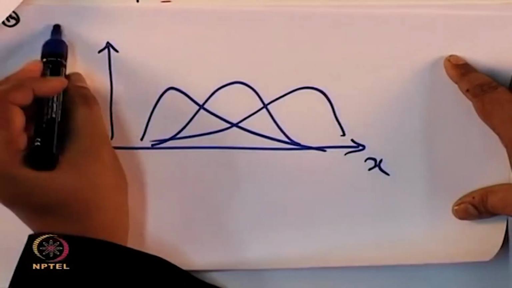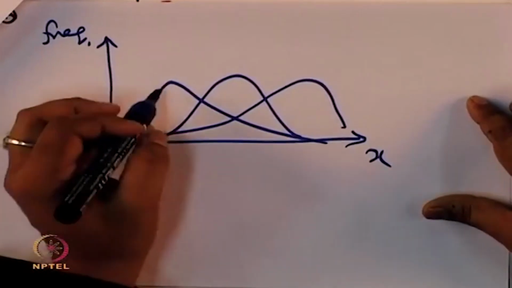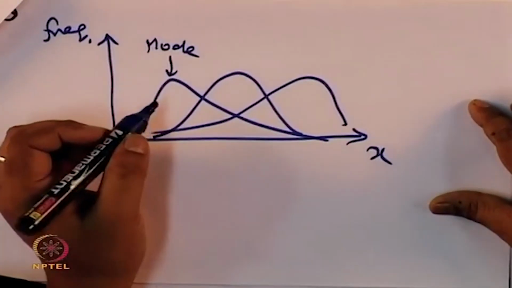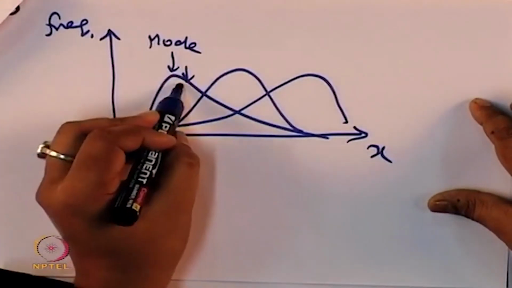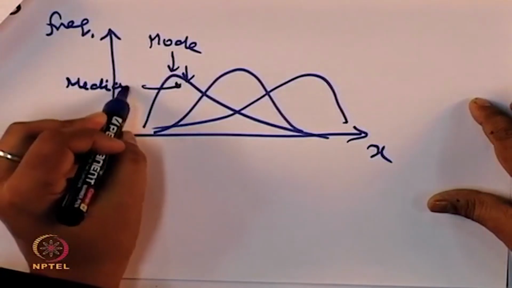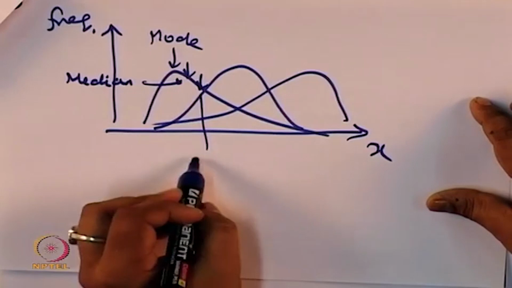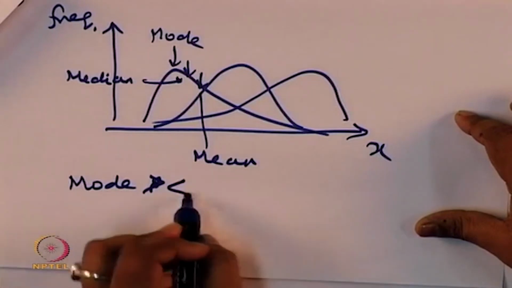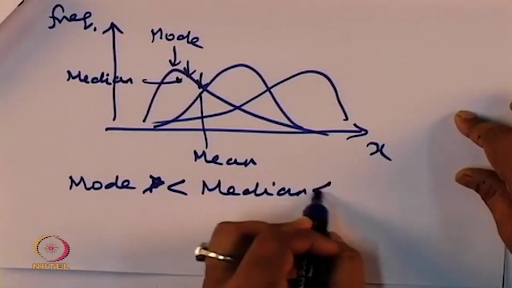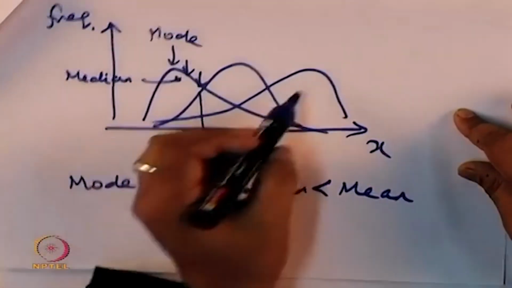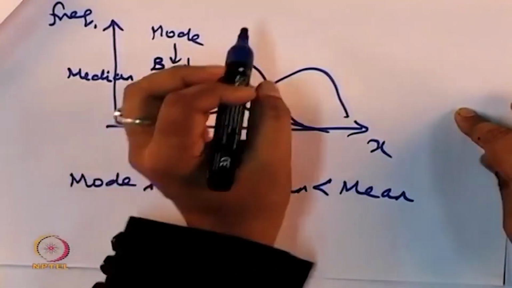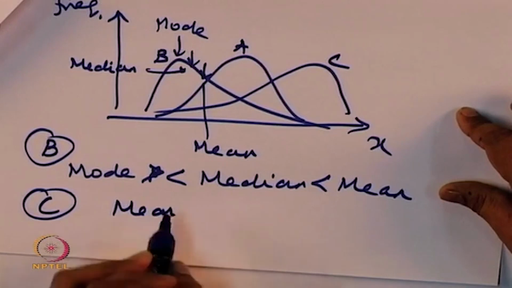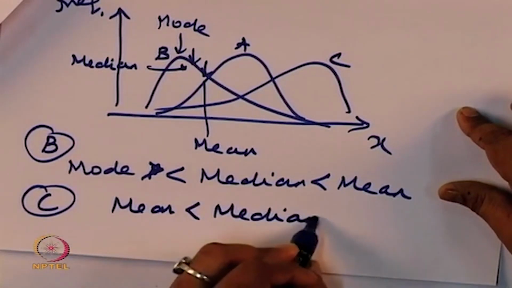This is x and this is frequency. In this case, for example, let us say this is my mode, my median will probably be somewhere here, and the average will be somewhere like here, this is my mean. So, in this case I have mode less than median less than mean. This is case B, and case A is where all 3 are equal. For case C you will have mean less than median less than mode.